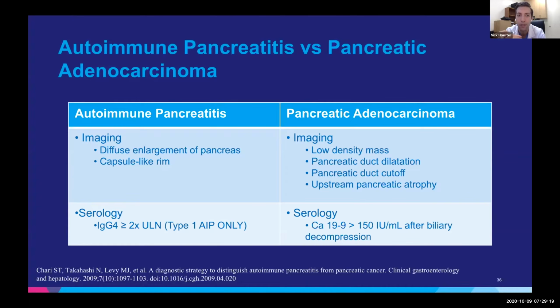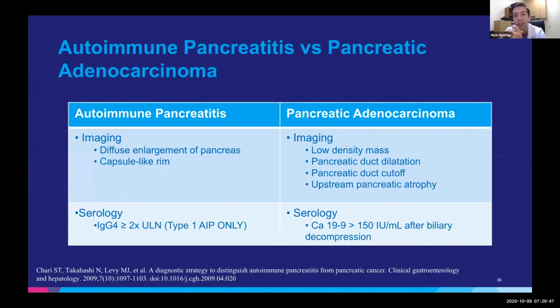The key differences with cancer are you're going to see duct dilation or a duct cutoff and upstream atrophy. And so one of the red flags in this case was that he had progressive duct dilation on EUS, and that's a little more suggestive of malignancy rather than autoimmune, where you might expect a normal duct. On serology, if it's type 1, you might have an elevated IgG4, although we suspected type 2, so that didn't necessarily help us in this case.